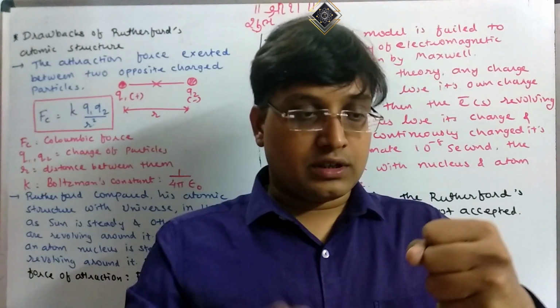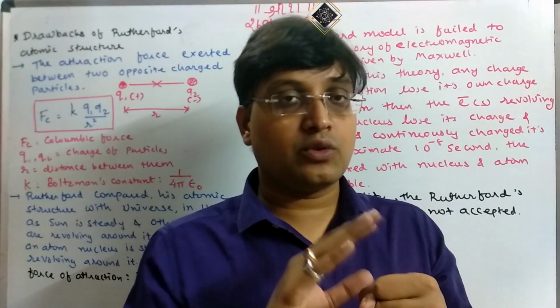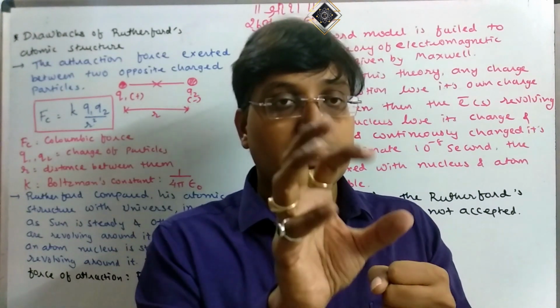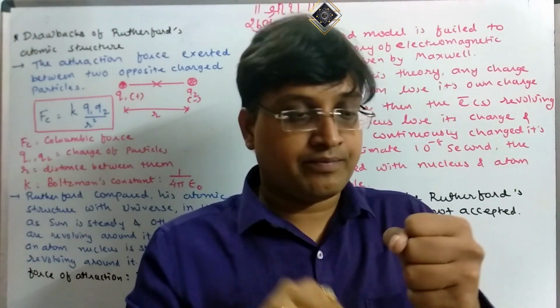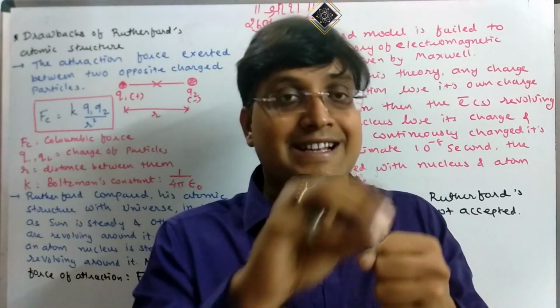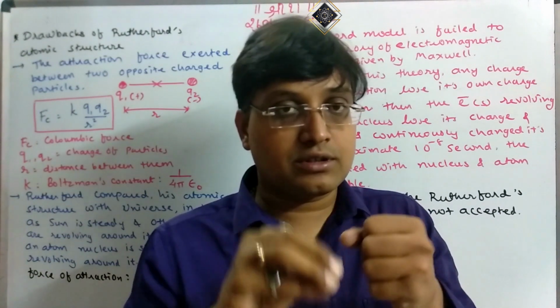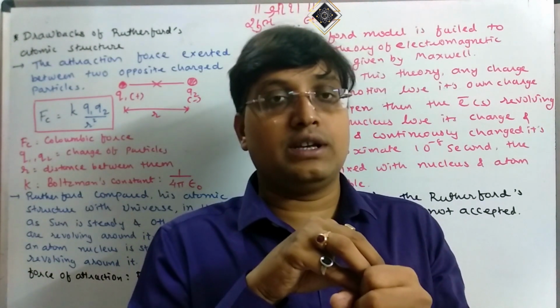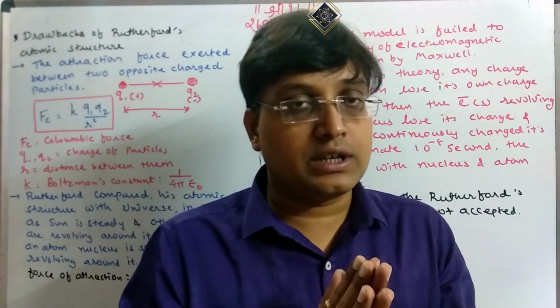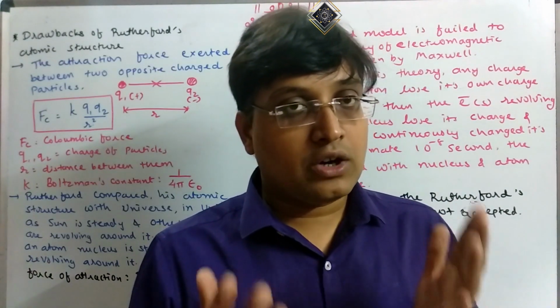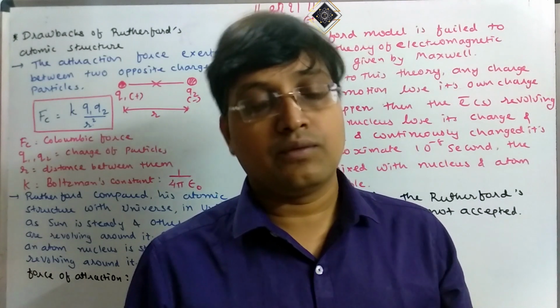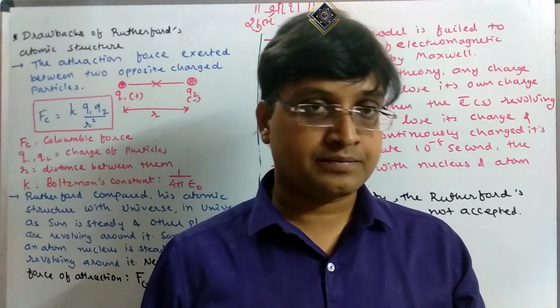As the electron loses its charge, the attraction force from the nucleus continuously increases, so the electron changes path and becomes highly accelerated. After some time this electron mixes with the nucleus, and then the atom becomes unstable. So for lack of stability, the Rutherford model was not accepted.